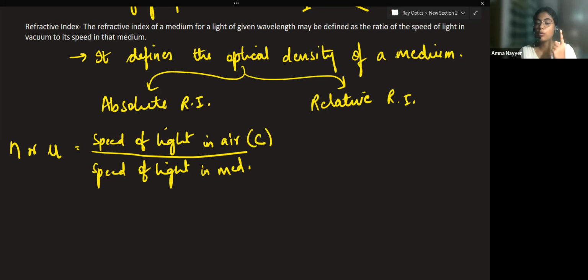So one of the quantities here is specified. c has been experimentally calculated and the value of c is known. The other can be any value v, some speed of light. And not only this, one more thing I have mentioned is the wavelength.